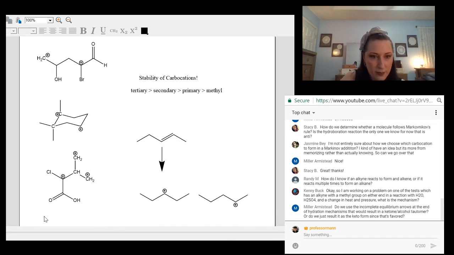Let me go back and check my checkbox. Okay, how do I know if an alkyne reacts to form an alkene or if it reacts multiple times to form an alkane? Well, it depends on which reaction you're doing and how many equivalents of chemicals you've added. So for example, if you're doing a hydrohalogenation, if you add 1 equivalent, it'll only take it down 1 step. If you add 2 equivalents, it'll take it down both steps to the alkane.